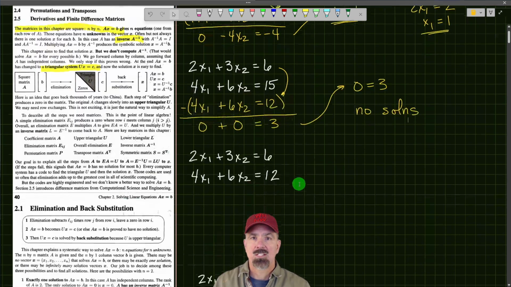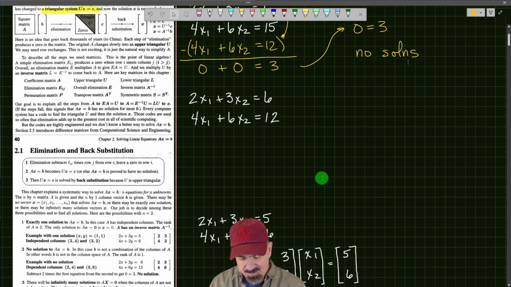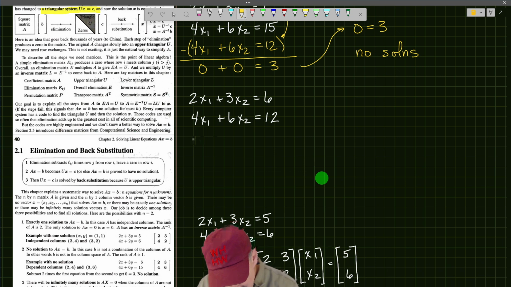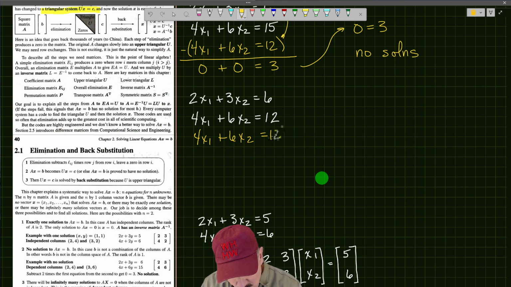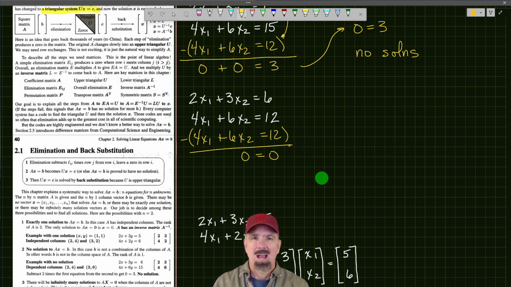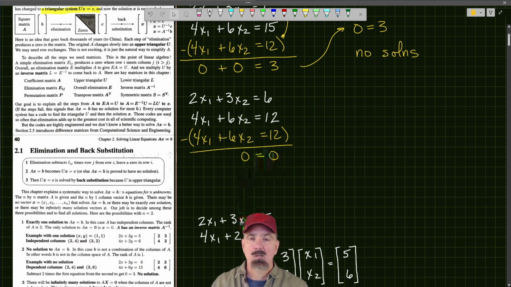Let's take a look at the third example. Similar type of situation. Again, we multiply by 2 and then subtract, and that gives us 4x1 plus 6x2 = 12, and when we subtract, we can see we're going to end up with 0 = 0. And when does 0 equal 0?